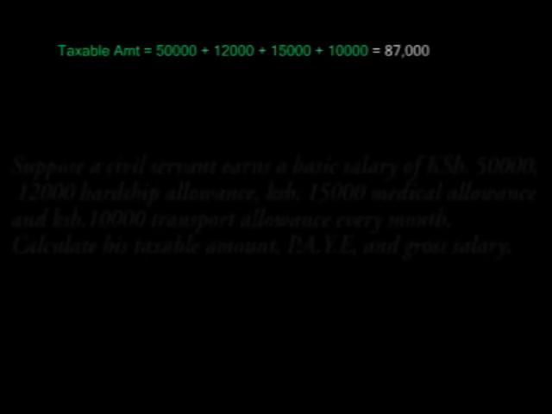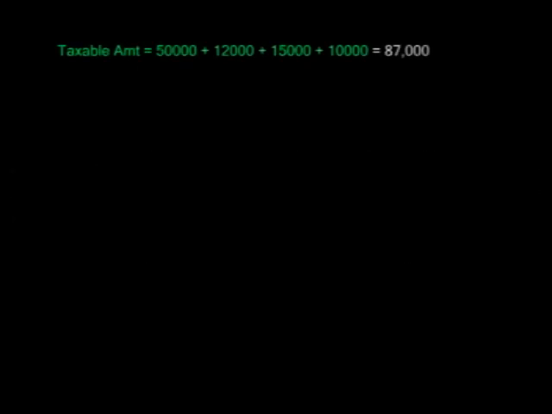Now the taxable amount is basic salary plus all the allowances. So I have 50,000 plus 12,000 plus 15,000 plus 10,000, and that gives me a total of 87,000 shillings.